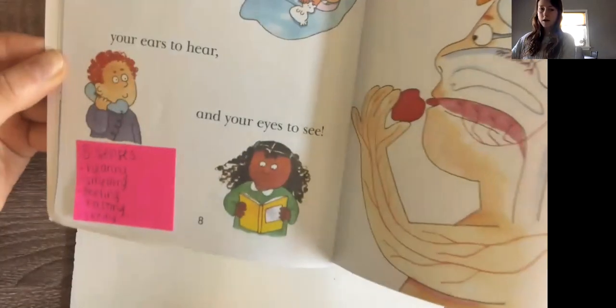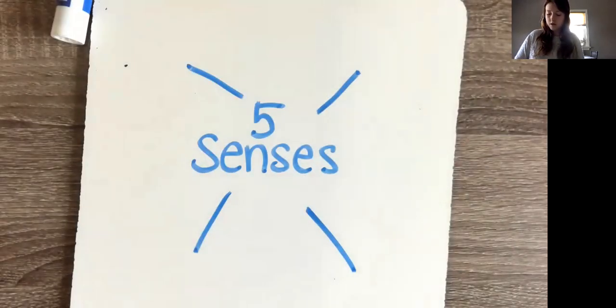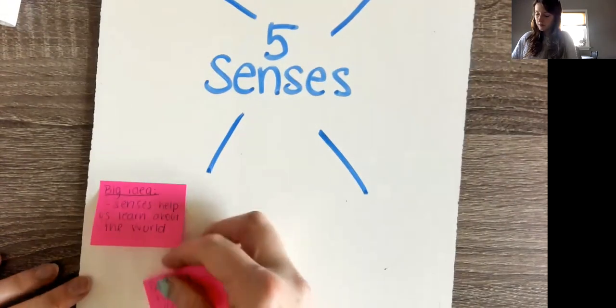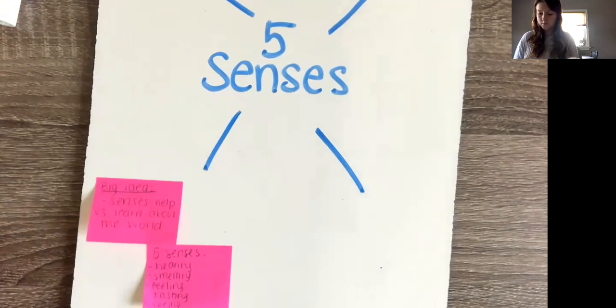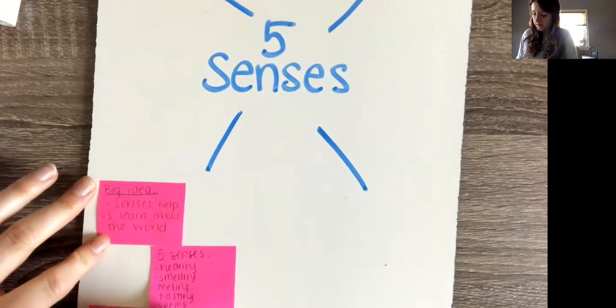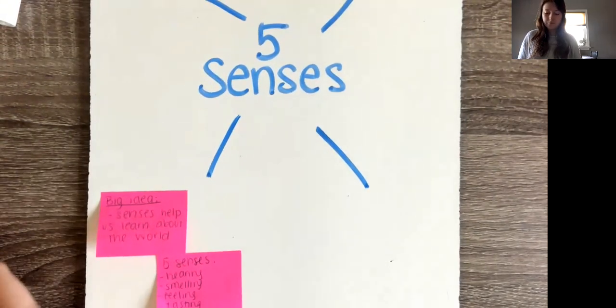So I know that at the beginning of the book, right, I had my big ideas. So I'm going to put my big ideas together. Big idea, the different things that I thought this book might teach me about. All the different ideas of what this book might be about.